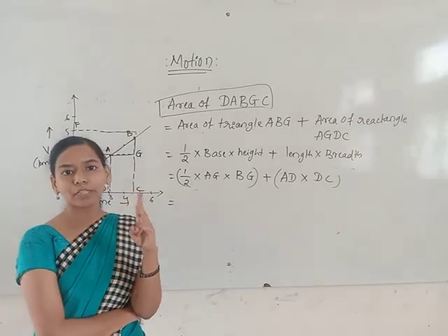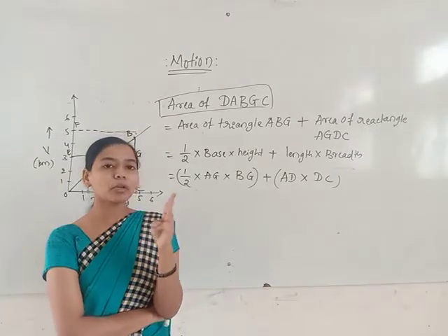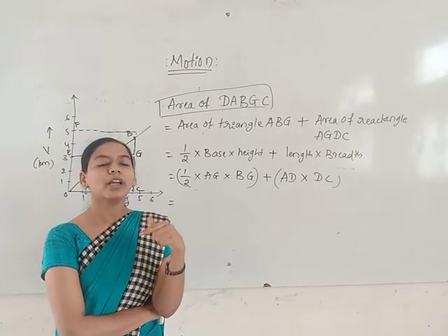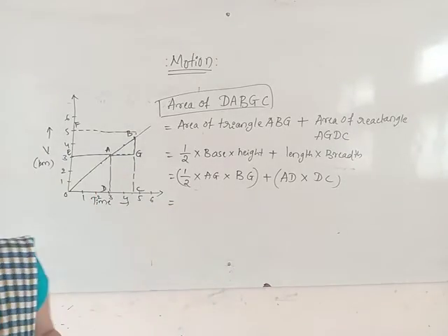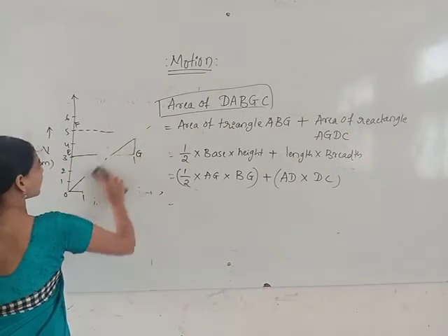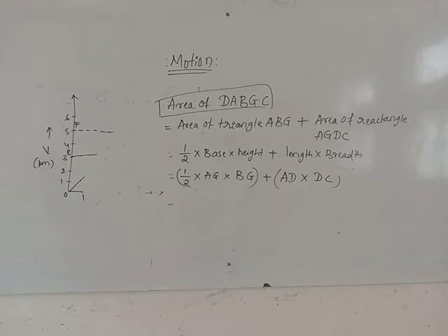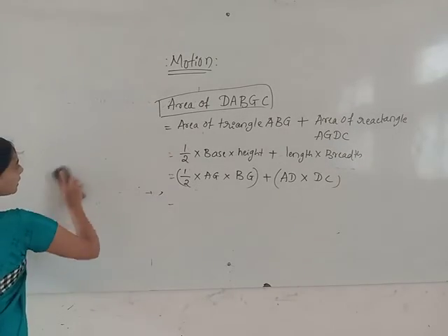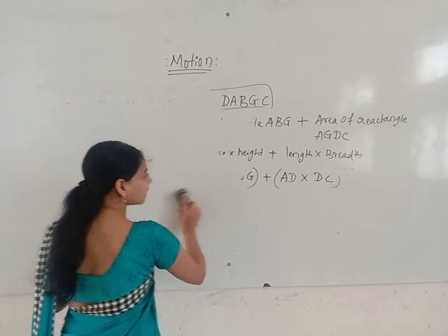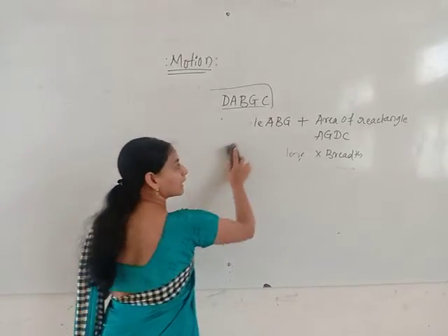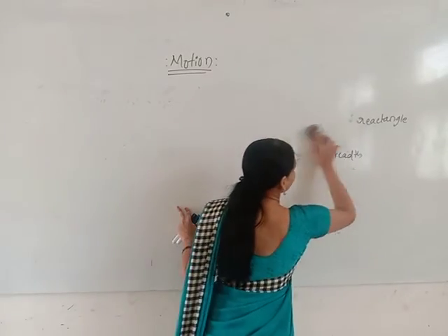There are 3 sets of equations, which give the relation between initial velocity, final velocity, time, and distance of the object.